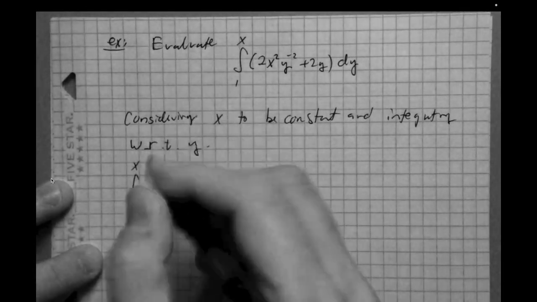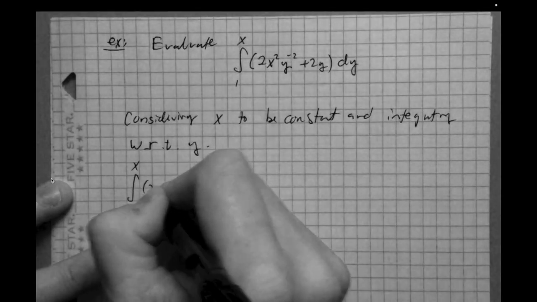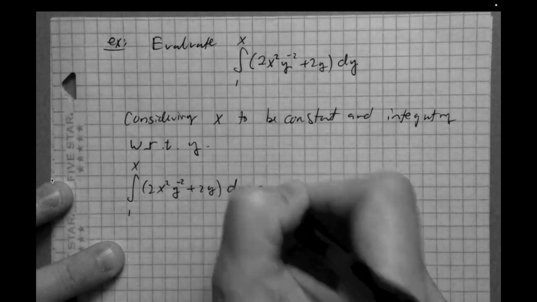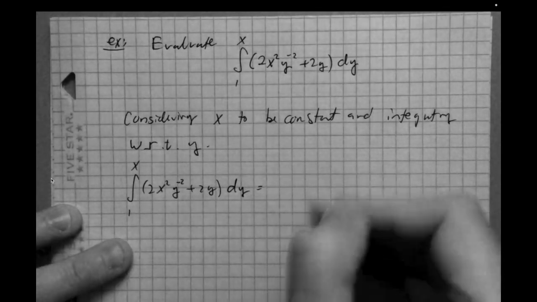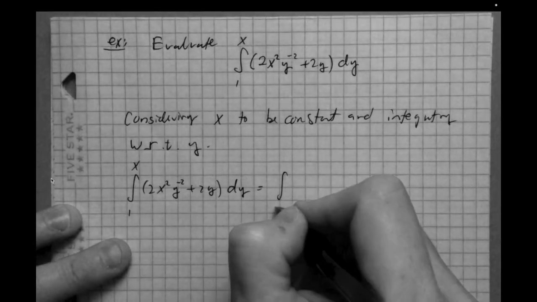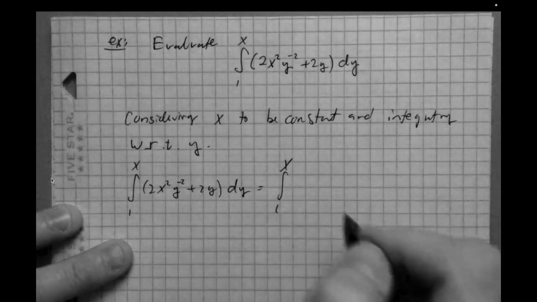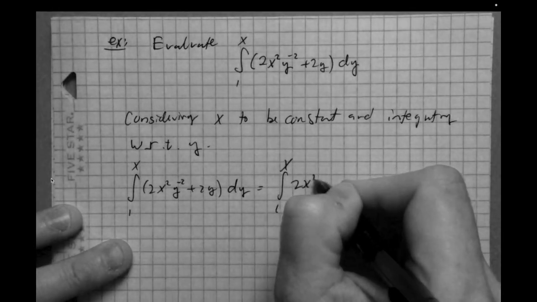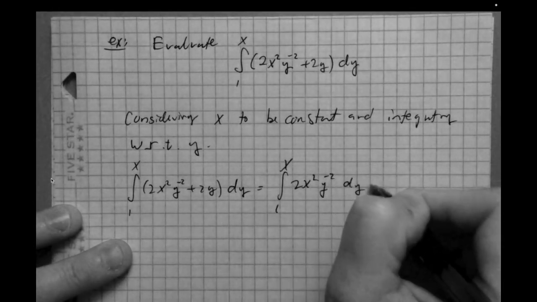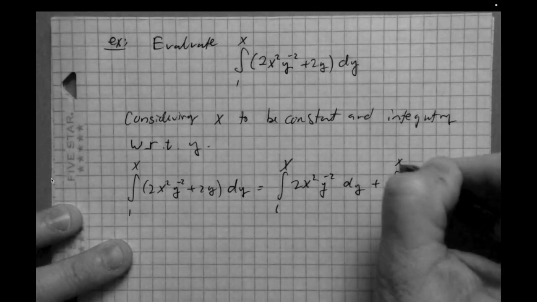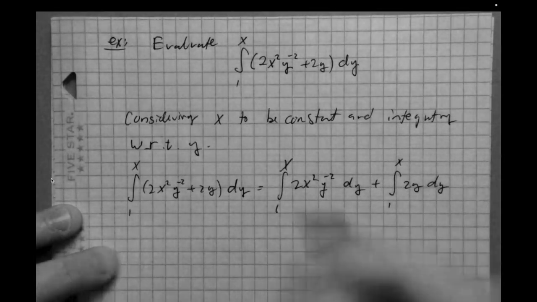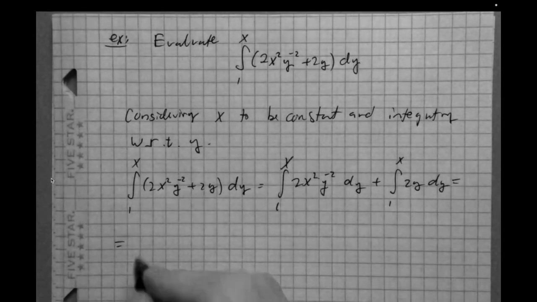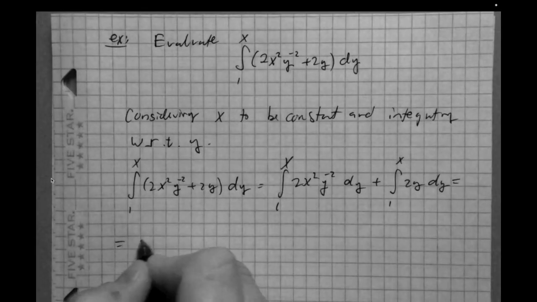So how does this work? Well, let's write it down here. So this would be 2x squared y to the negative 2 power plus 2y dy. You can break this into two integrals, which might be advisable just to make it clear what we're doing. That would be the integral of 2x squared y to the negative 2 dy plus the integral from 1 to x of 2y dy. Then, just to make it doubly plain that x is constant, we can factor it out of the integral.